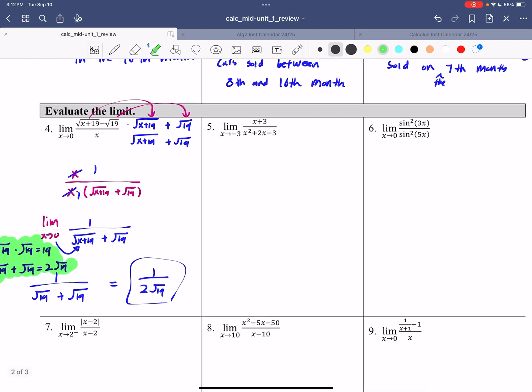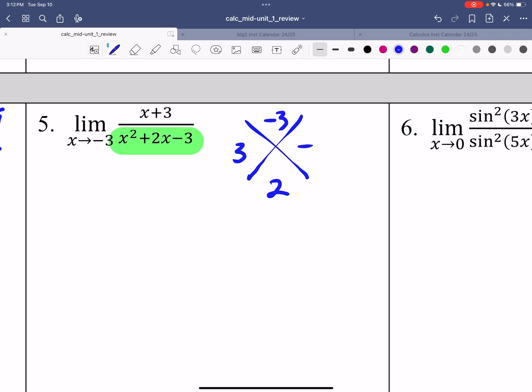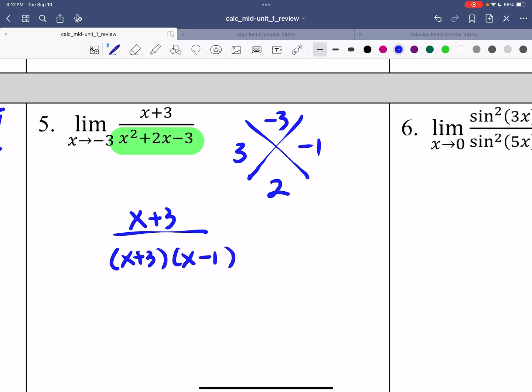All right, let's go over question number 5. This one is very simple. I see this denominator can be factored, so I'm going to put -3 and +2. If I factor it, I get +3 and -1. So I have x plus 3 over x plus 3 and x minus 1.